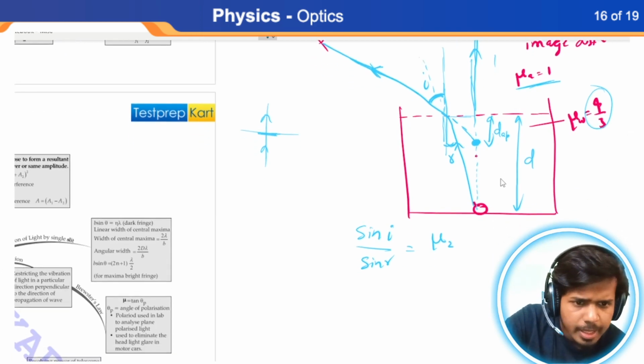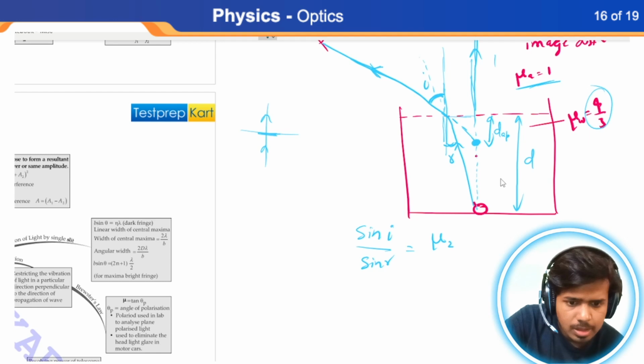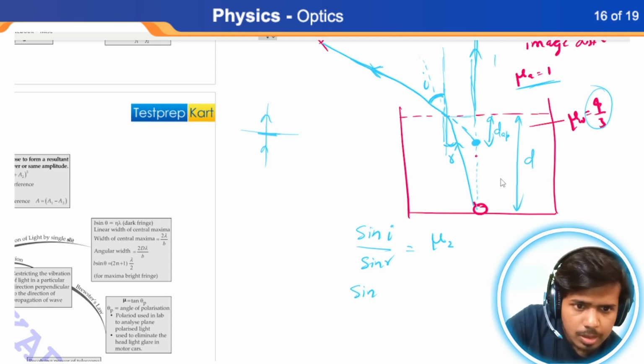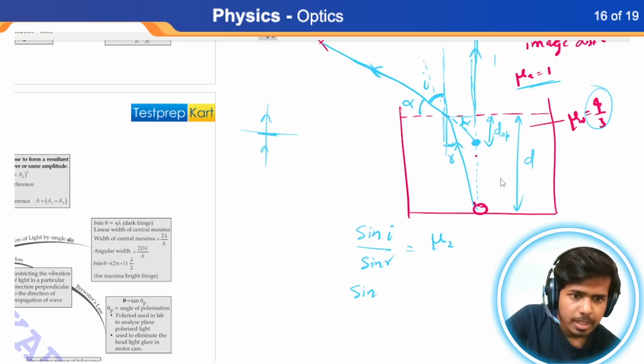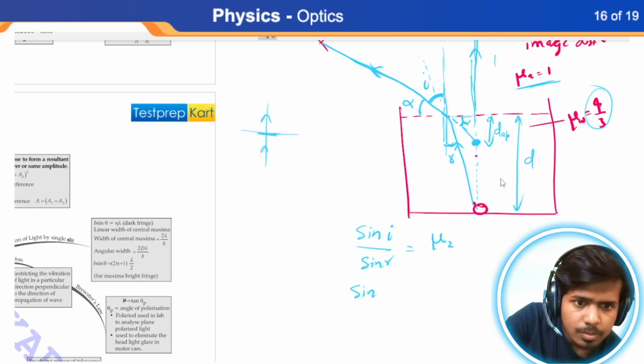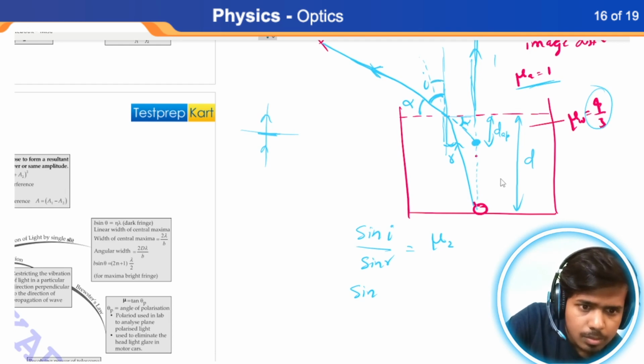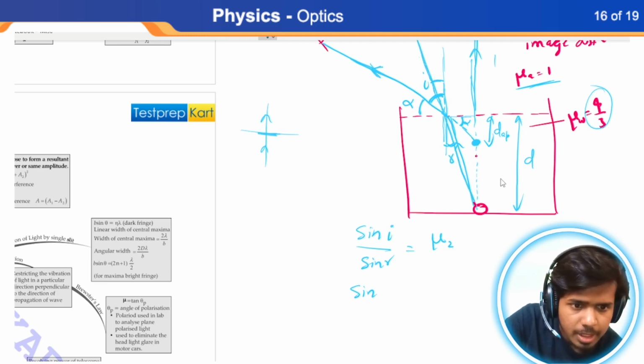So can I write this as sine? If I write this as alpha and this as beta, okay, if this is alpha, this is also going to be alpha, as per alternate interior angles. And if this is beta, see, yes, this is a straight line, this is a straight line, this is a straight line.